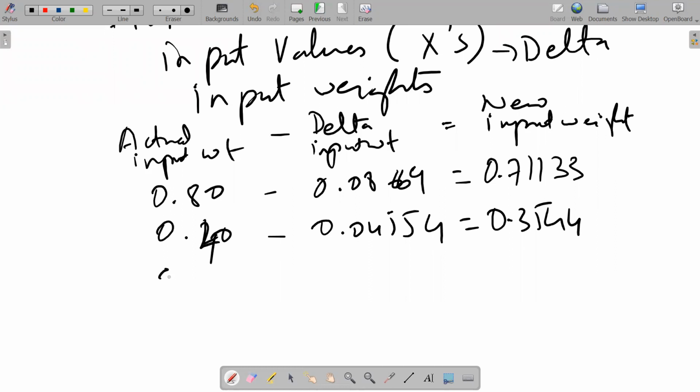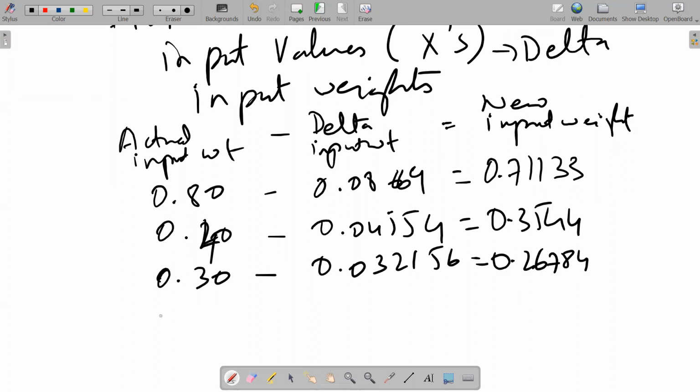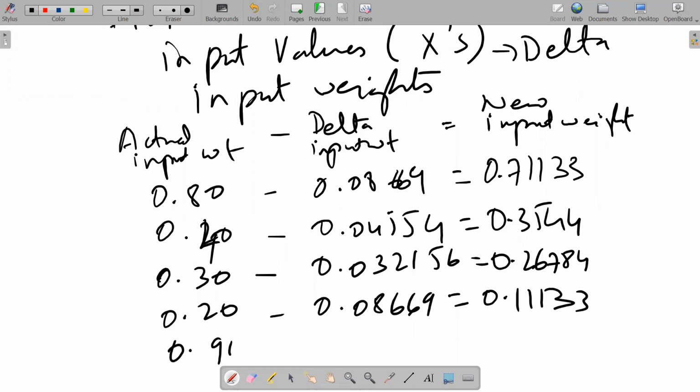The third one is 0.30 minus 0.032156, you get 0.26784. Then 0.20 minus 0.08669, you get 0.11133, and 0.90 minus 0.04554, you get 0.8544.